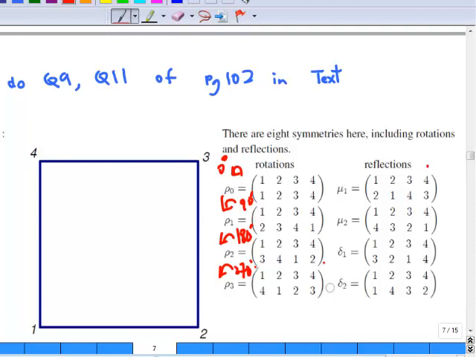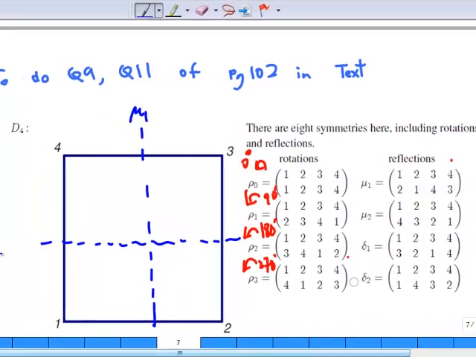mu1 is a reflection in the vertical line. You do a reflection around this vertical center line, and this is called mu1. If you do a reflection about the horizontal line through the center, this is called mu2.